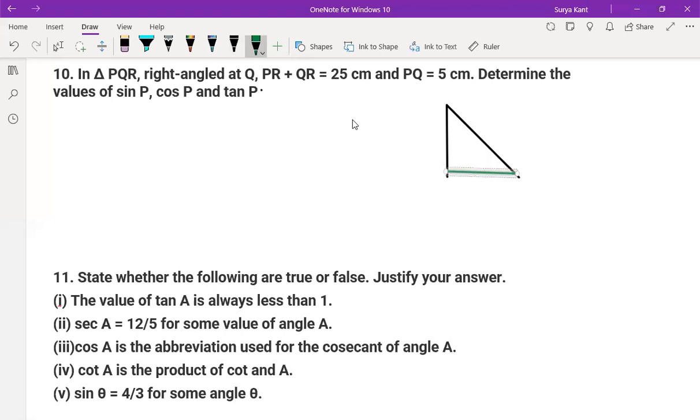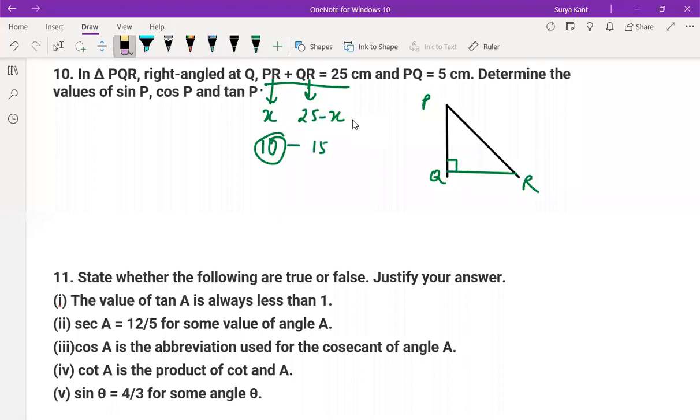So right angle at Q. PQR, right angle at Q. PR plus QR is equal to 25. Suppose PR is X. So what is QR? If PR is 10, so QR is 25 minus 10, that is 15. Understood?